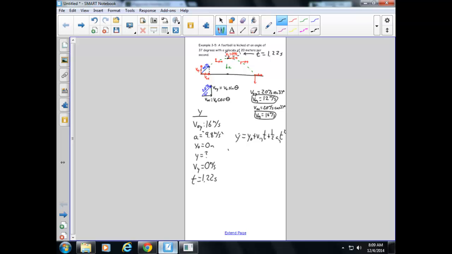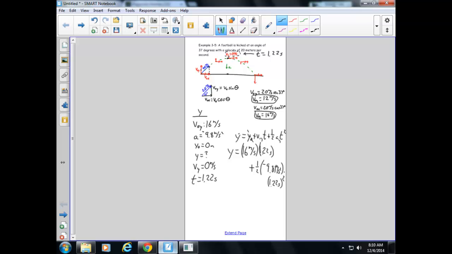Y equals yo, which is 0, so that goes away. Voy is 16 meters per second. The time is 1.22 seconds. I'm going to run out of room here, so I'm going to write this down here. Plus 1/2 times our negative 9.81 meters per second squared of acceleration, times 1.22 seconds squared.